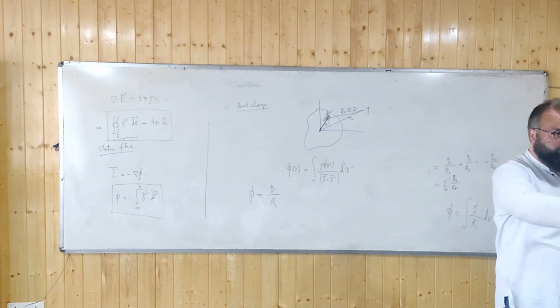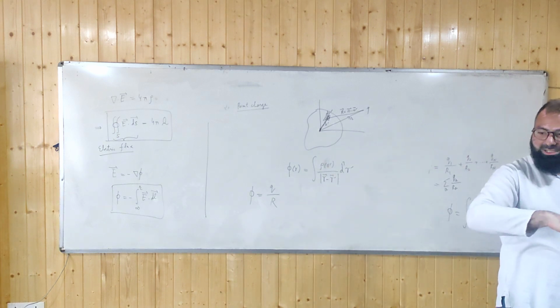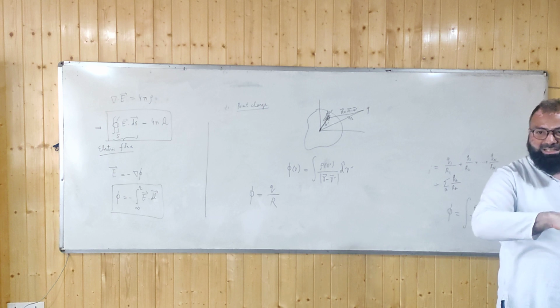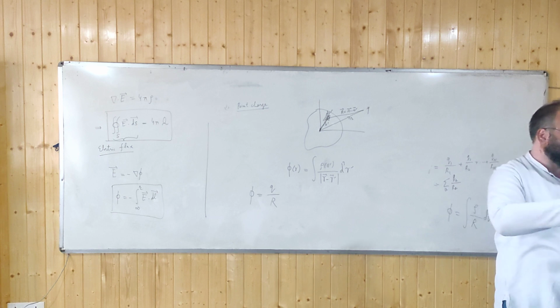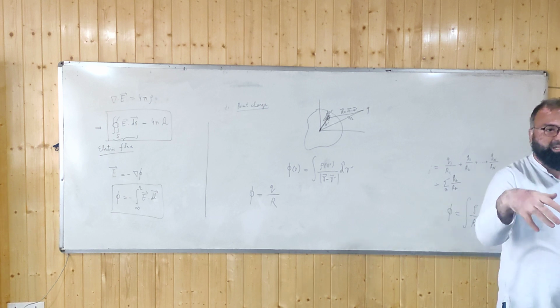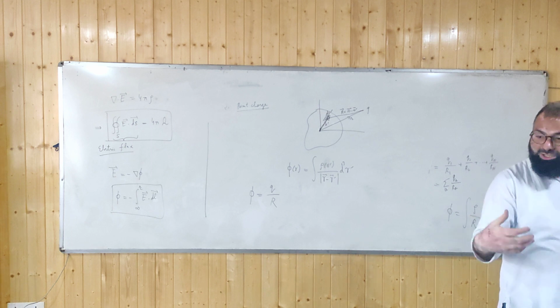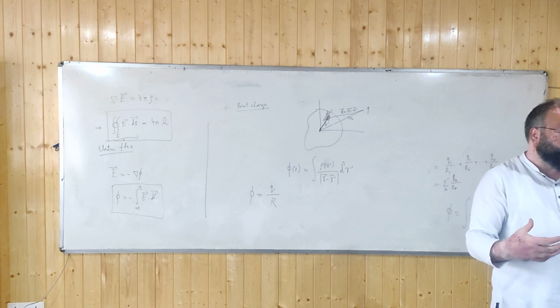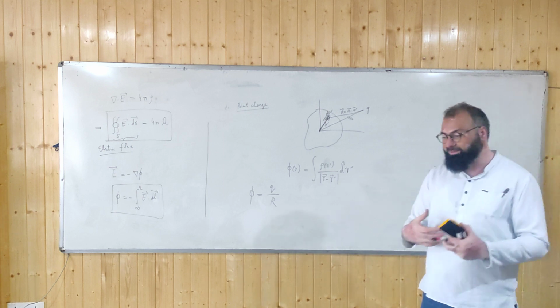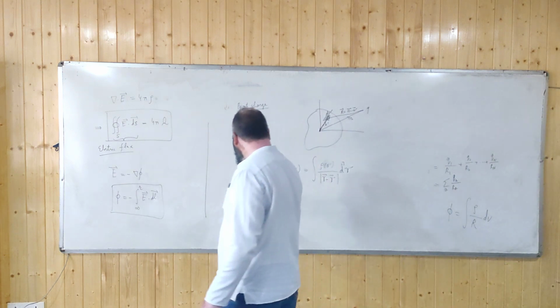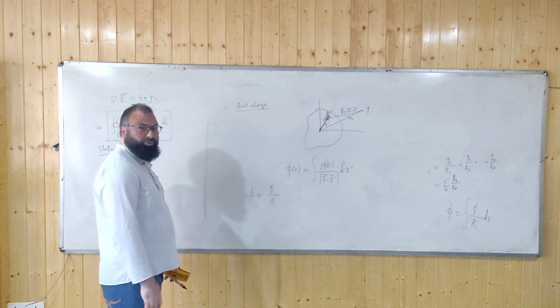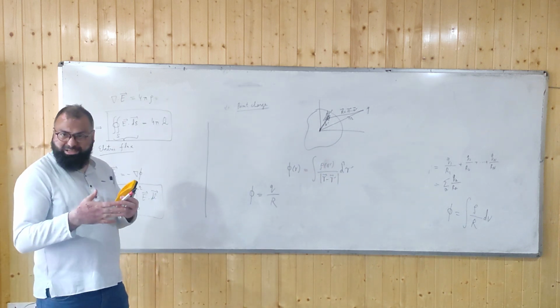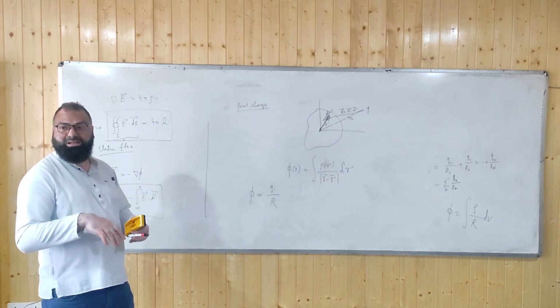Or think of an infinite sheet with a surface charge density. You have a sheet of paper extending to infinity carrying charge density, so you still have charge at infinity. There are situations where this assumption does not hold, and in that case you need to relax it.